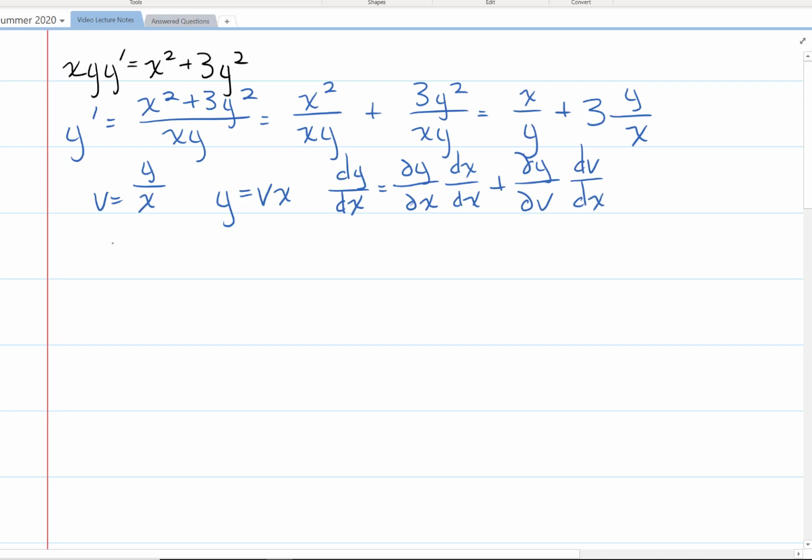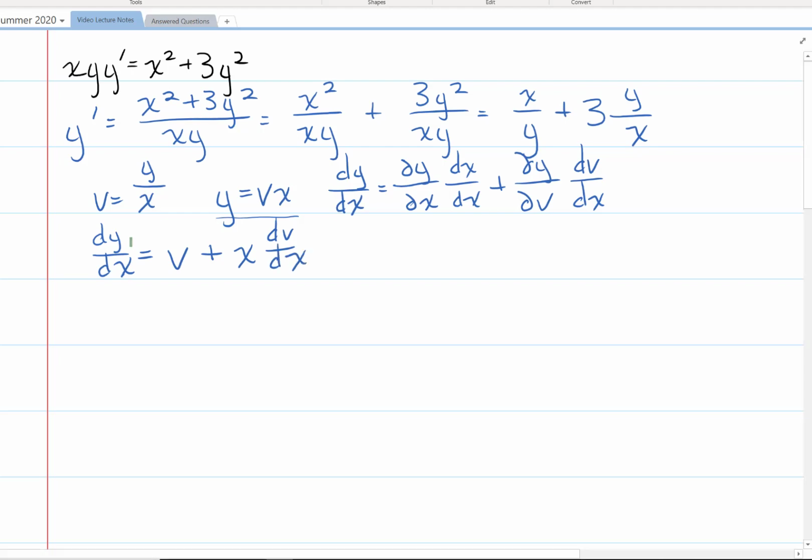If we do it, we get dy dx. We're just going through this again so that we can get used to it. We're taking the partial derivative of that with respect to x, which gives us v times dx, which is 1, plus the partial of y with respect to v, which is x times dv dx. And there we go.